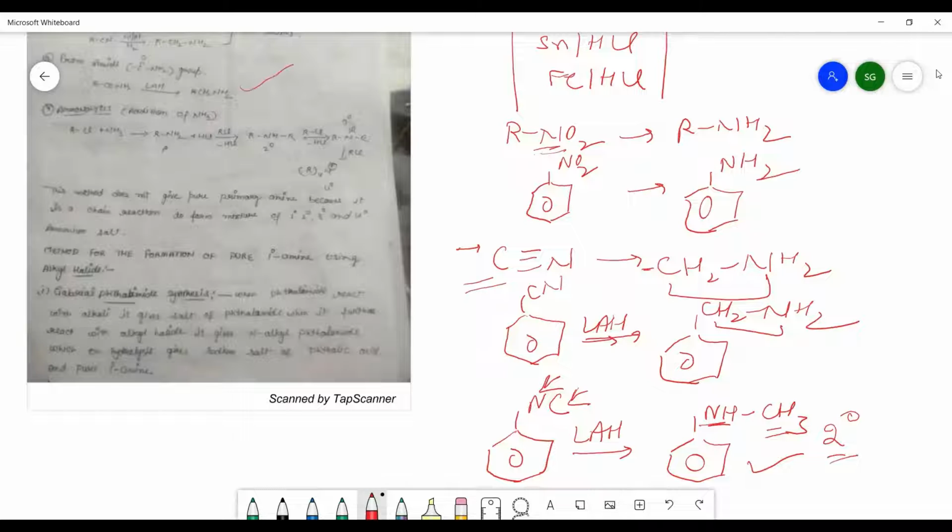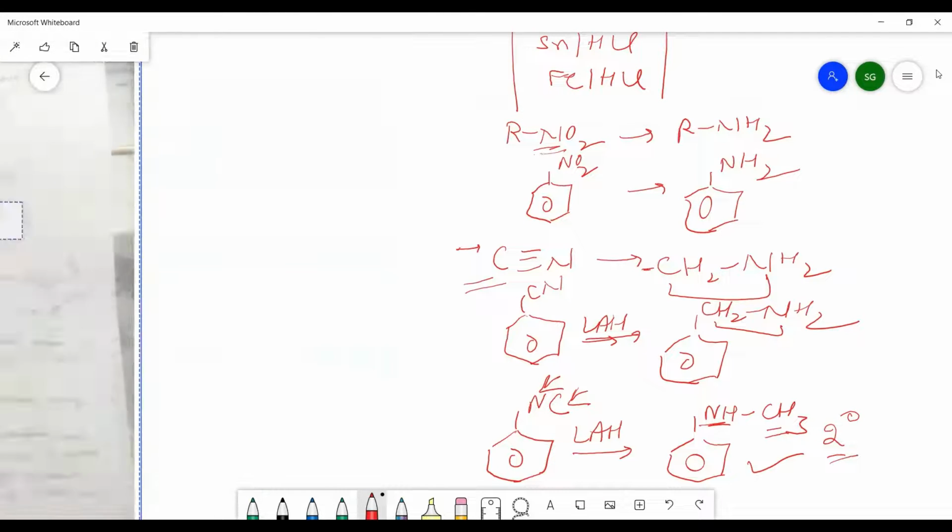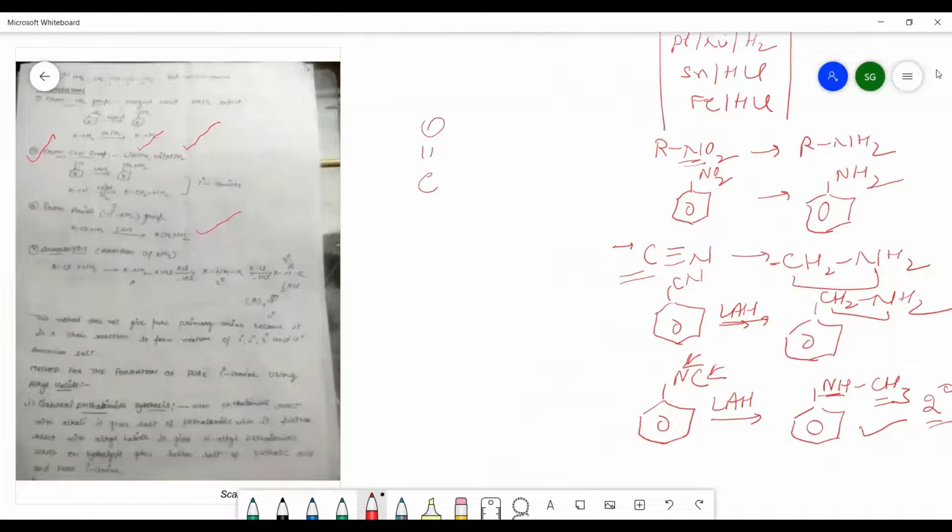Now another group which is used for the preparation of amines is the amide group. In the case of amide, again the C double bond O group is present. This C double bond O group will be converted into a CH2 group, again in the presence of lithium aluminum hydride or another reducing agent, and that will be converted into CH2NH2.